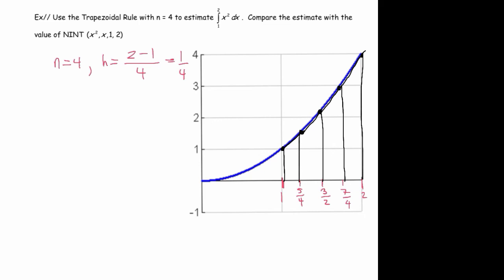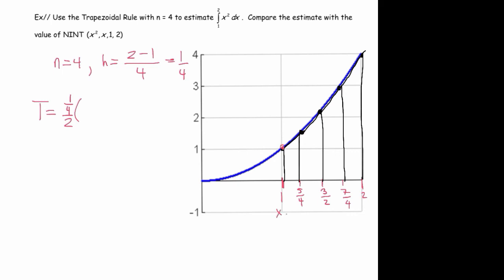Okay, so to use the trapezoidal rule, we're going to say T equals h over 2. So h is 1/4, so it's 1/4 over 2. And then it's y sub 0. So y sub 0 would be this point here.